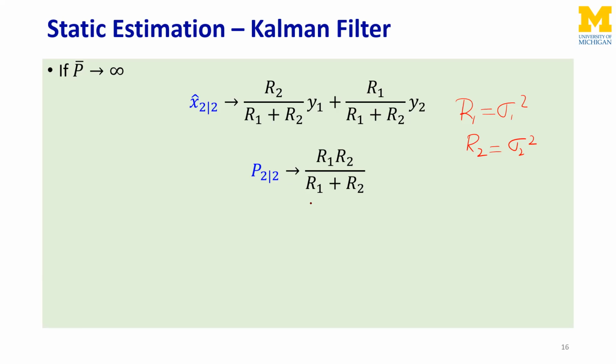Anyways, looking at this equation, you can see that this is actually equal to 1 over R1 plus 1 over R2, inverse again, which says that the covariance of the estimate is the harmonic mean of the covariances of both the sensors. This is only the case when p bar is infinity.